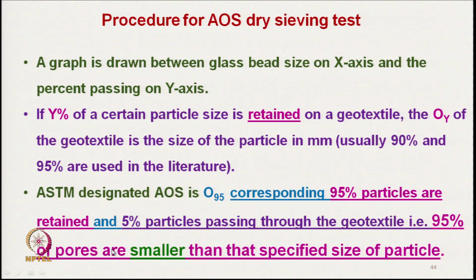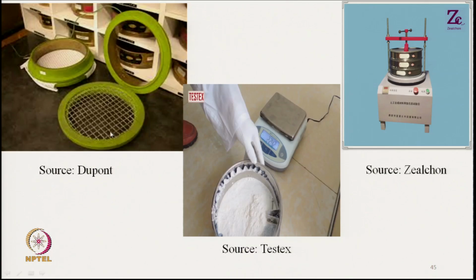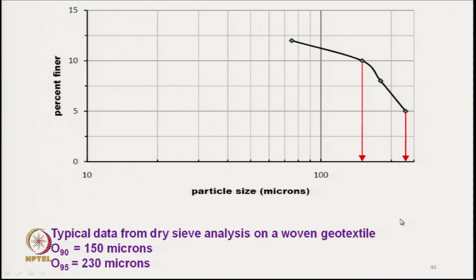So, 95% of particles retained means 95% of the pores are smaller than that specific size. So, these are the different components; these are the sieves of different sizes. Here the shaking is taking place. From this plot we will get the apparent opening size.